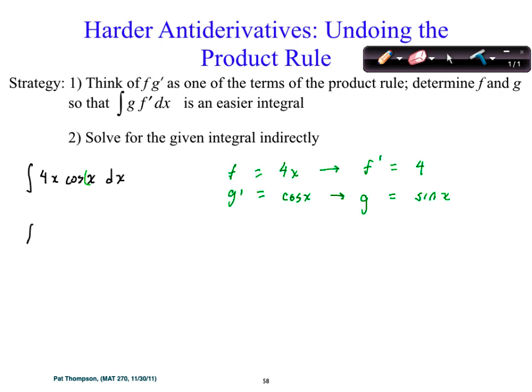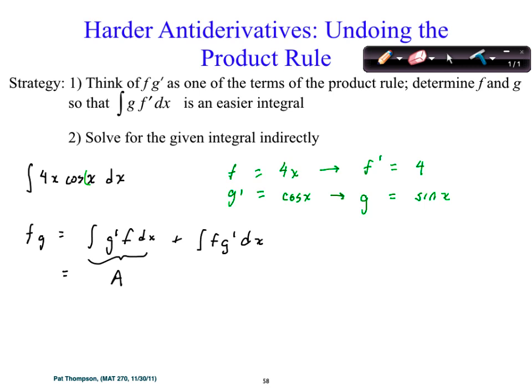So we're going to have fg equals the integral of f prime g plus the integral of g prime f. What did I say? And we're going to just call this A for our answer, right?